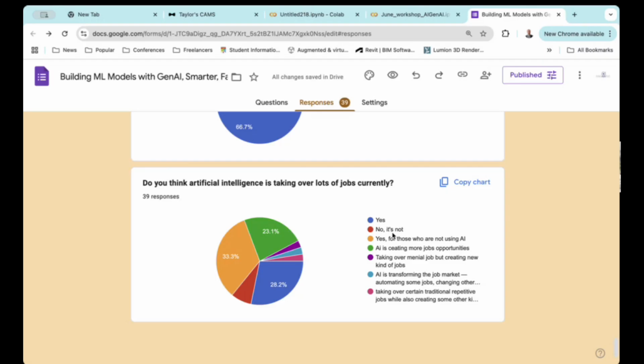Imagine 600,000 jobs going to be taken over by AI in the coming few years in Malaysia. Is it scary? I leave it to you. But at the same time, AI technology is generating more job opportunities. I'm going to share with you the number of new job opportunities later on when we go through that slide. So AI is creating more job opportunities.